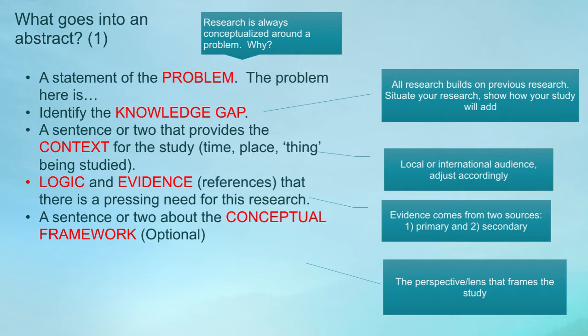But perhaps for you, in your research project, there's a huge knowledge gap in the way we use materials or procedures or methods. So you might want to have the knowledge gap as the first thing that you begin with, because that's most significant for your research project.